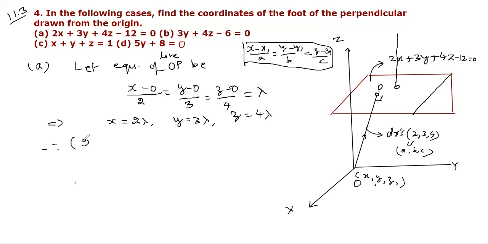Therefore, 2 lambda, 3 lambda, and 4 lambda is any point on this line, any point on OP. Let it be the foot of the perpendicular.